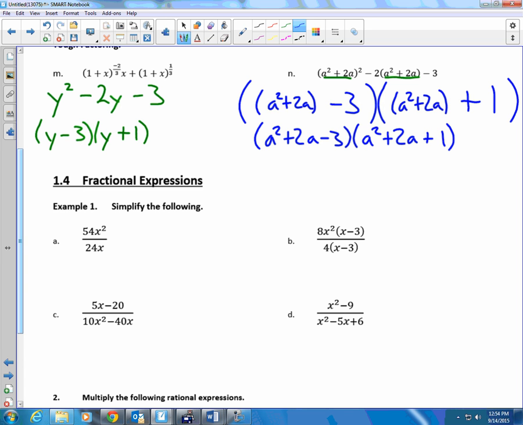It's just a trinomial, isn't it? What does it factor to? A plus 3 times a minus 1. Does this factor? So what? A plus 1 times a plus 1, or a plus 1 quantity squared? Now it's completely factored.